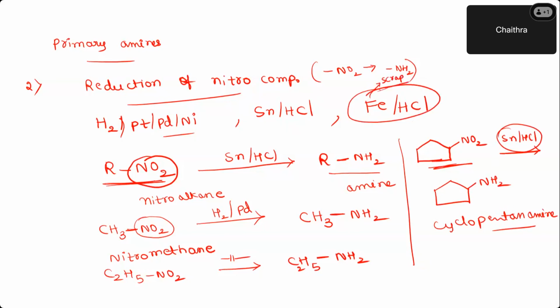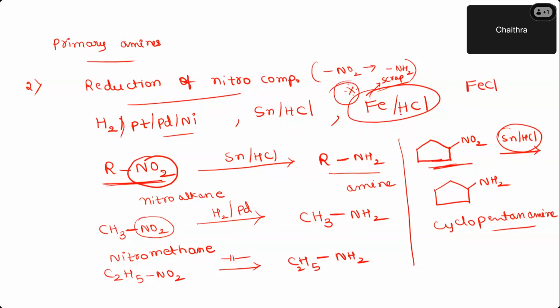Not iron turnings like the copper turnings test you would have done, but scrappings of iron, you remember. Why does this work as a better reagent? If you conduct the reduction of this nitro compound with iron scrappings and HCl, FeCl2 will form.